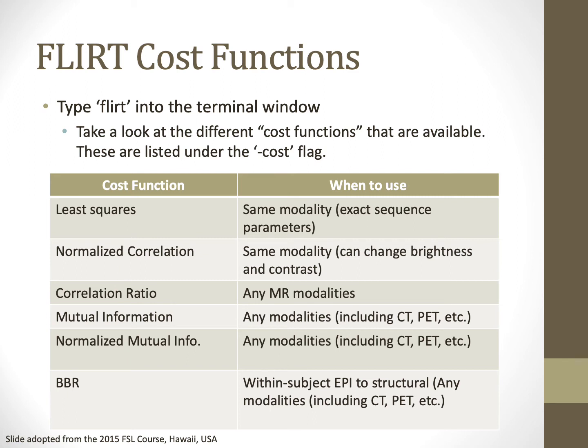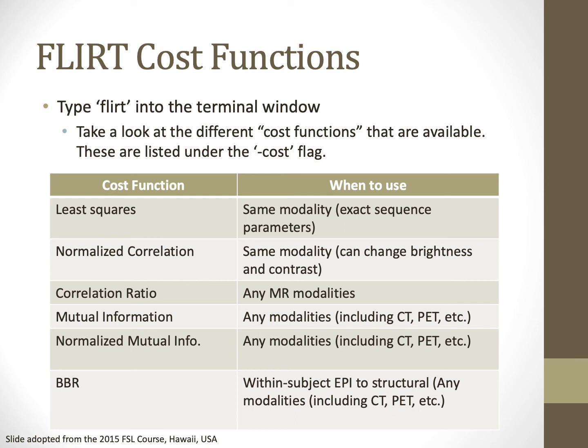The correlation ratio is useful for registration between any MR modalities, even different modalities such as between a T1 and a T2 weighted image. Mutual information and normalized mutual information, again, are great for any MR modalities, but also good for including other modalities outside of MR, such as CT or PET.